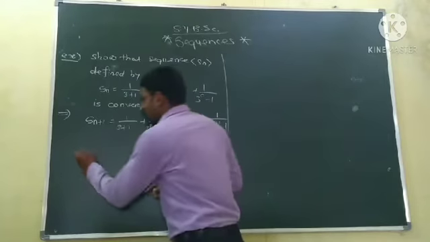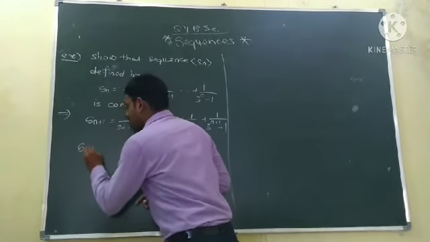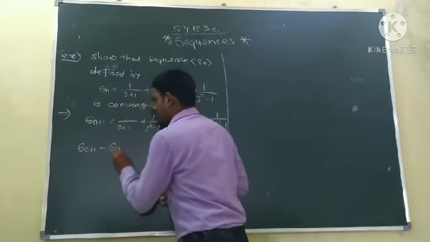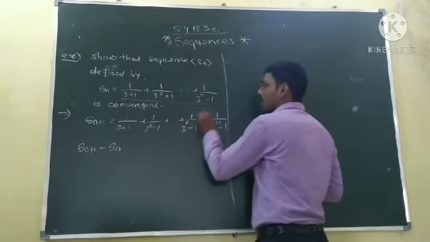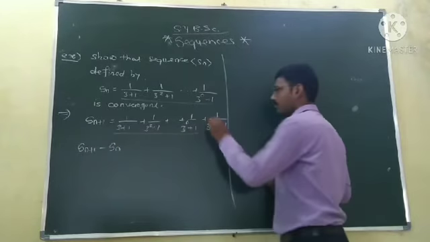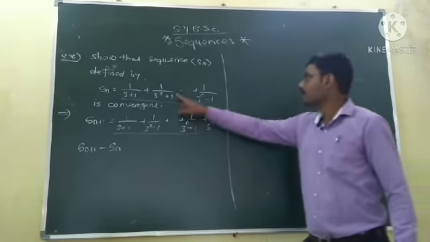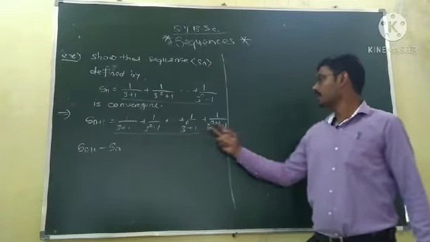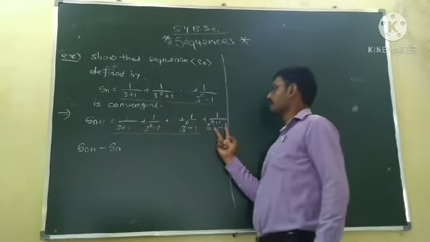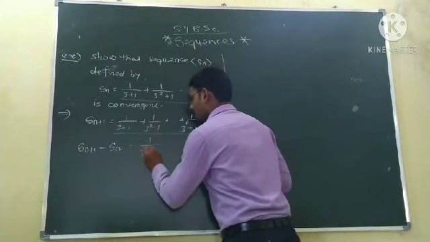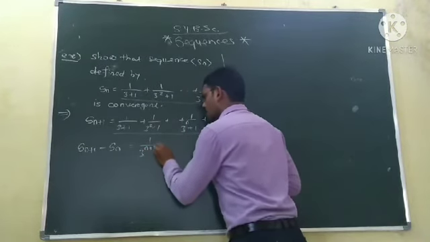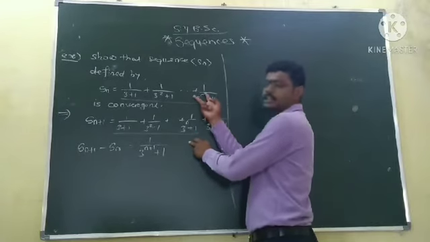Now we will take the difference between Sn plus 1 and Sn. Again, see, these n terms are also here. So if we take the difference, this and this will get cancelled, only this remains. So in Sn plus 1 remains 1 upon 3 raised to power n plus 1, plus 1, minus nothing is there, so minus 0.